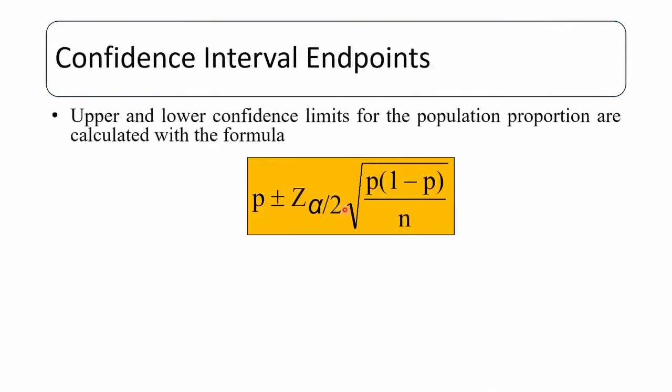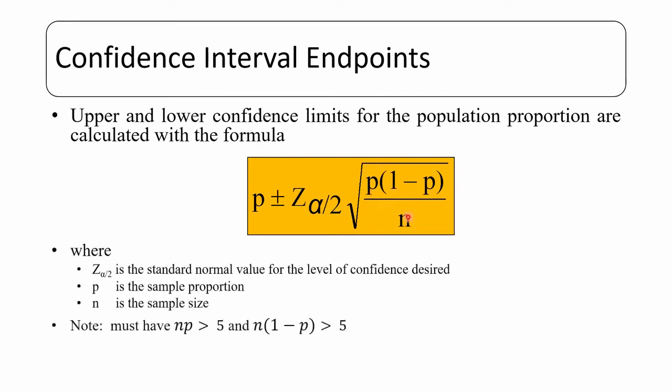So you have your upper and lower confidence limits, and your equation pertaining to the confidence interval of your population proportion is given by this, where simple p is your sample proportion or your point estimate, z alpha over 2 is your critical value, and this is your estimate of the standard error.